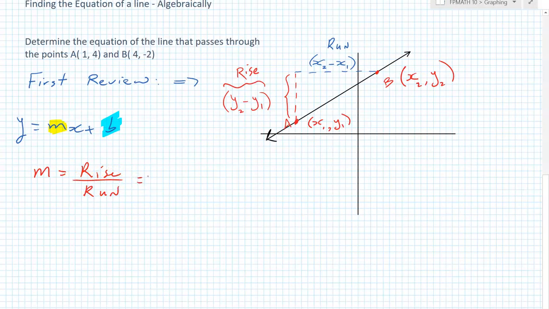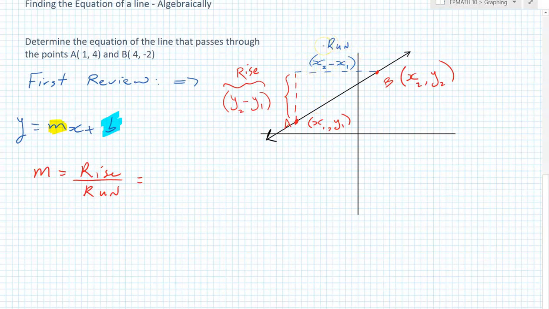Excellent. So in this graph, I just gave you an example right here. The points A and B are on the line with these coordinates. So the rise is the difference of the y2 and y1. So I go up from point A, because that's the rise, to get the slope. And then I go across, that would be the run. The run is the difference between the x values, x2 minus x1.